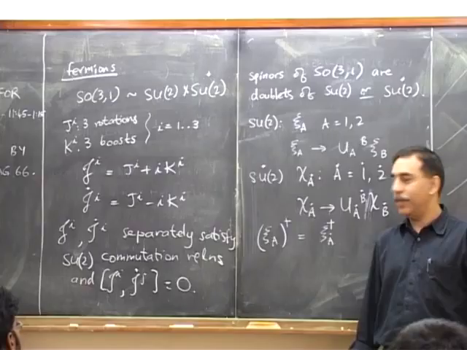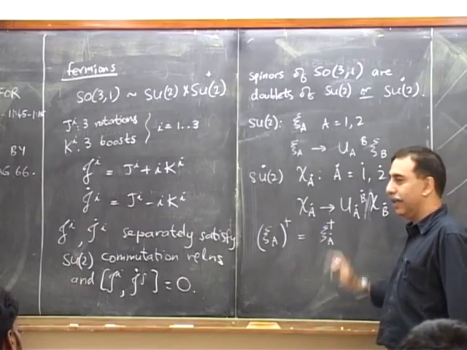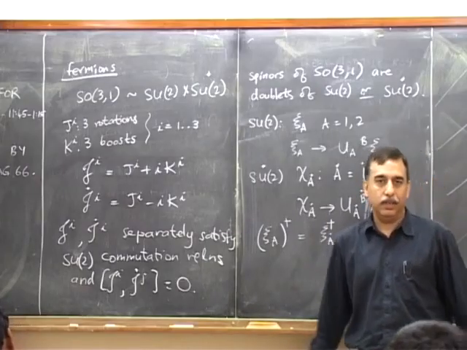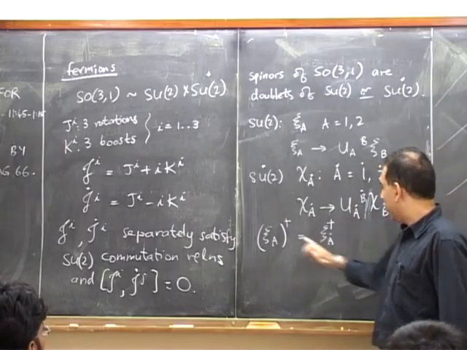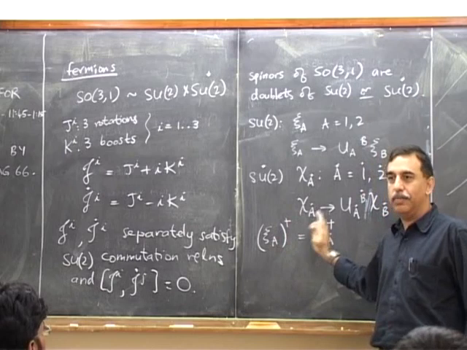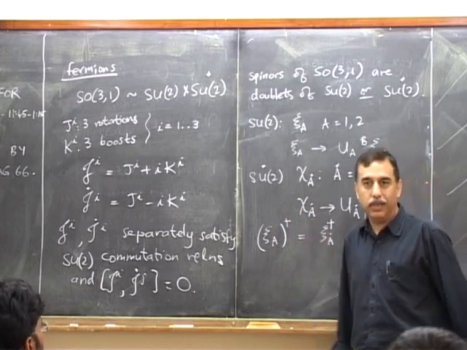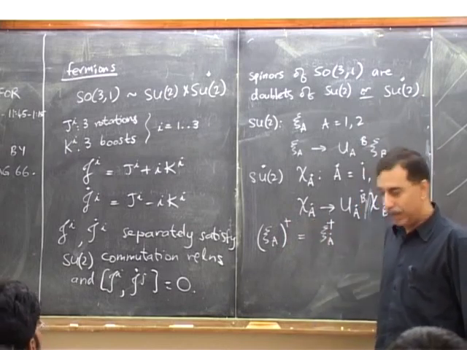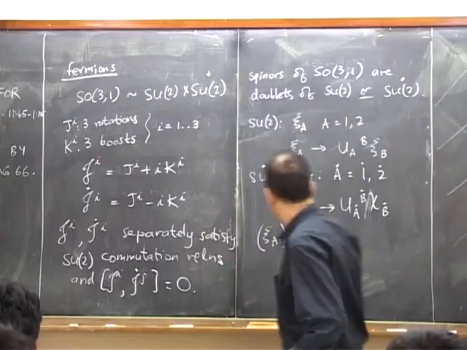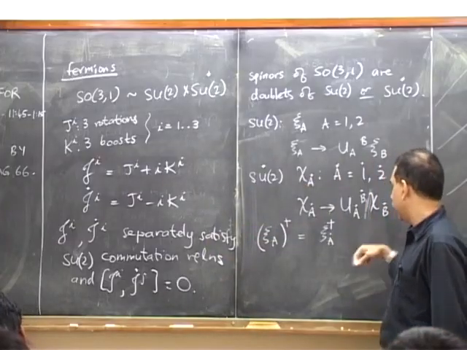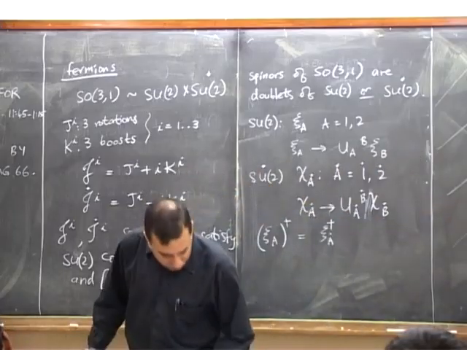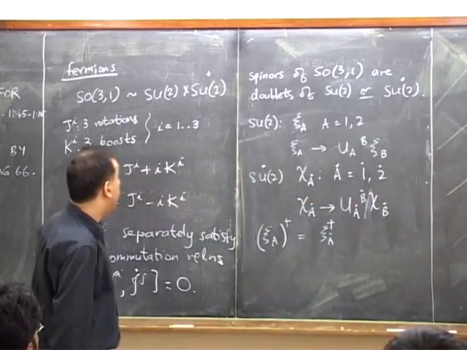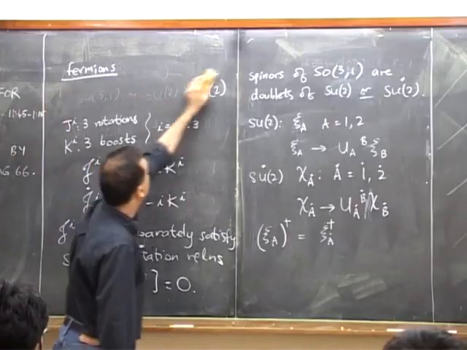So if psi had an index A, then psi dagger has an index A dot and vice versa. Here for some reason, Drees, Godbole and Roy have introduced a bar, but their bar, as far as I could make out, is the dagger. There's no difference, so there's no need for two notations. But I think in their notation, it's a bar. Okay, and so this is clear. Good. So that sets up what the SU2 cross SU2 structure is.